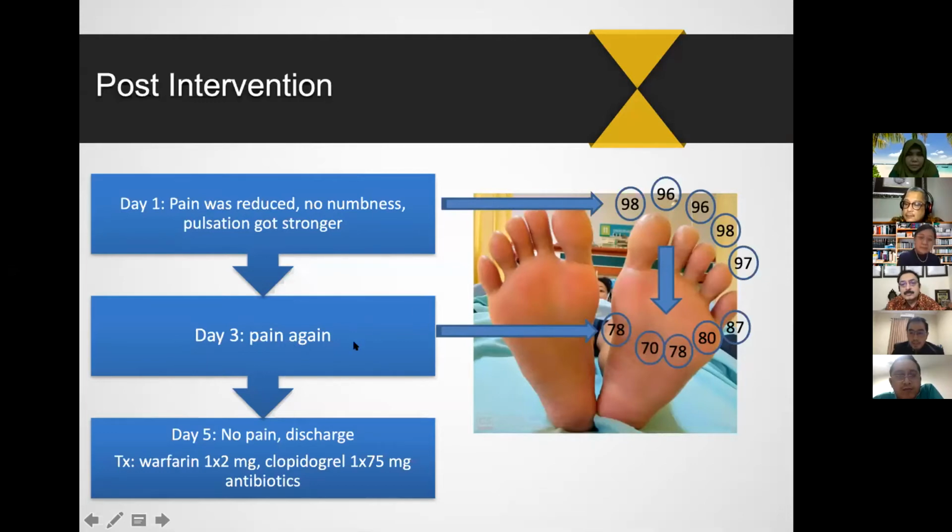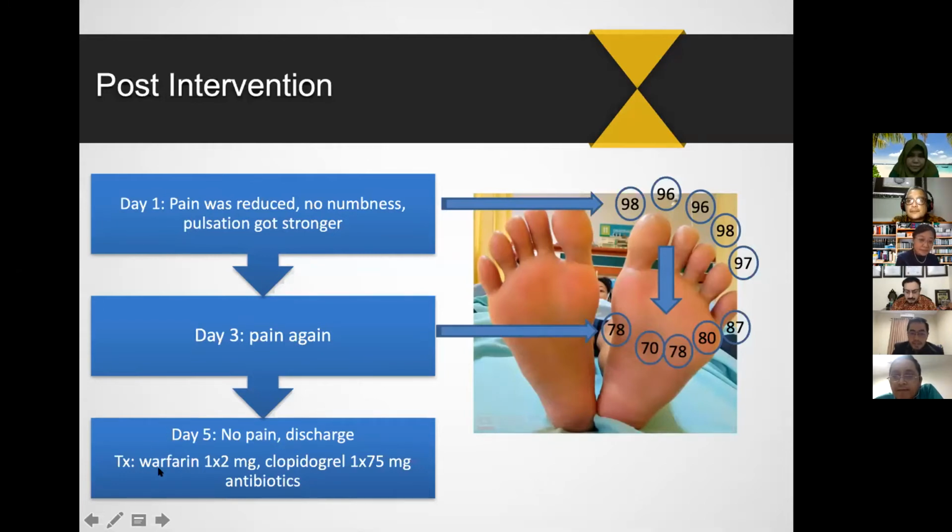Because the target APTT level was not reached yet, we just gave optimal heparin. At day 5 there was no pain again, and we discharged the patient.